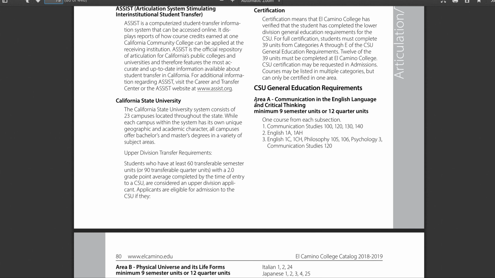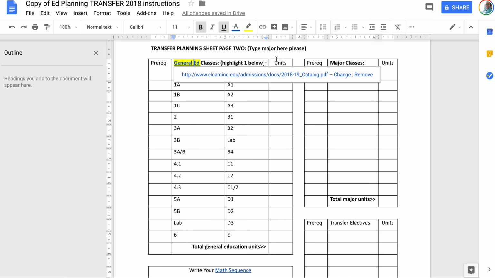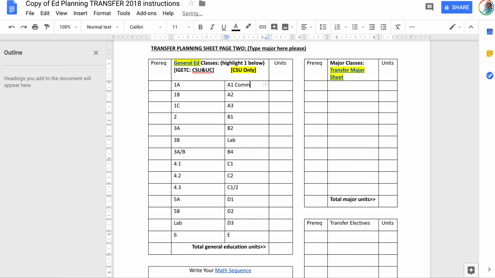Those categories are listed right here, like area A, 1, 2, and 3. This one is usually speech. Number 2 is usually English 1A. Number 3 is usually English 1C. So that's how you fill this out. You're going to do something in each category listed from the catalog. So we'll list those like that, right?